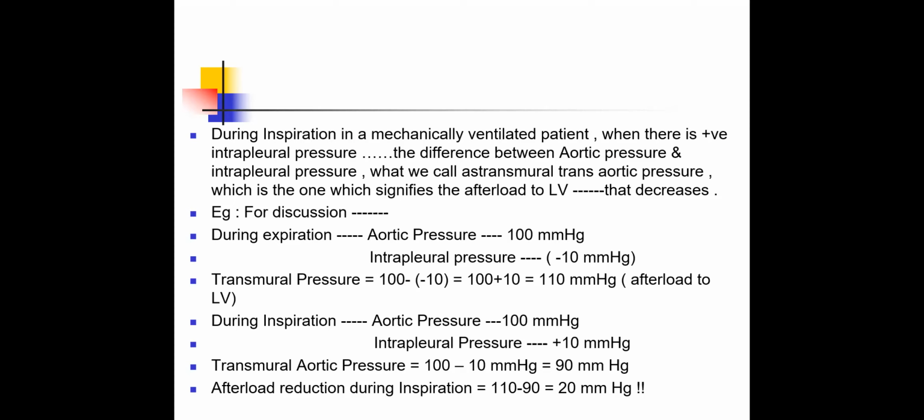This is how we understand that there is an afterload reduction of LV and a preload increase of LV during inspiration by squeezing of pulmonary veins. This is how there is an improved, or increased, LV stroke volume during inspiration.